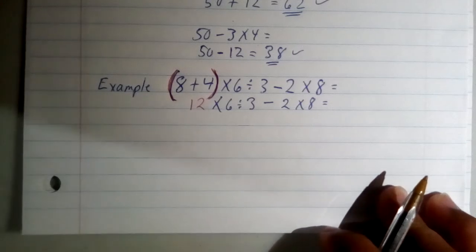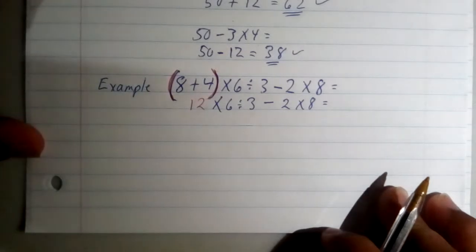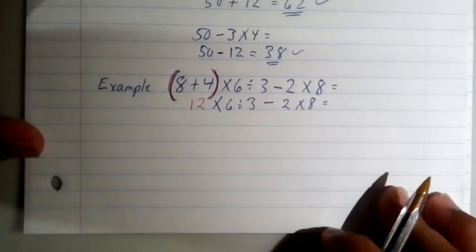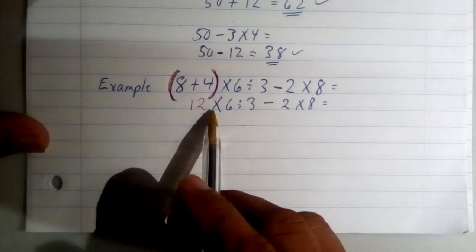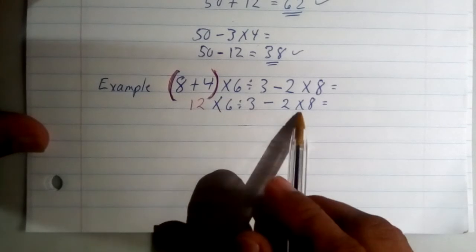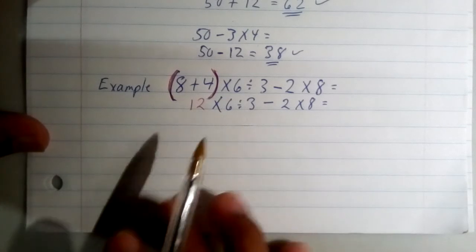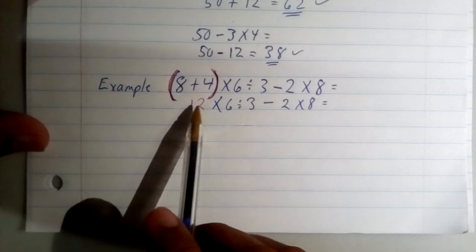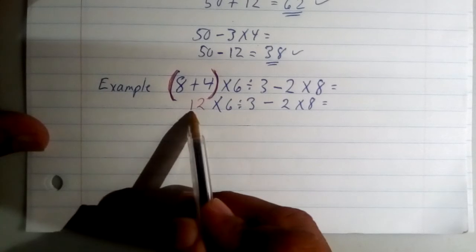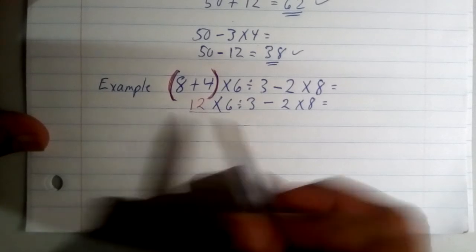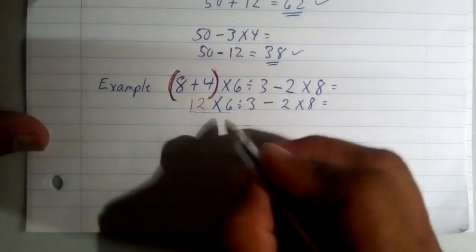There's no exponent, so exponents are out of the question. So we go with multiplication, which is on our left hand side. The multiplication is also here. Well, let's go one step at a time. So we say 12 times 6. Remember, this is what we're working with right now. 12 times 6 is going to give us 36.